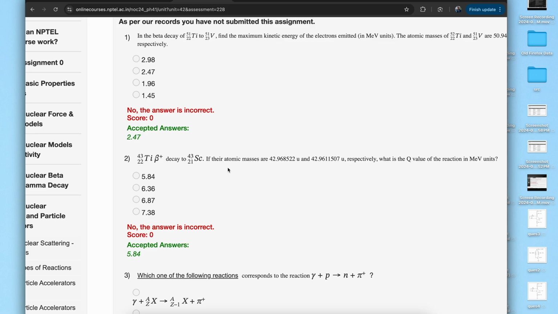Yes sir, assignment 5, question number 2. It is given that it is a beta plus decay, right? For beta plus decay, what is the Q value? There is a formula, right? m_x minus m_y minus the mass of the electron. Did you use this?